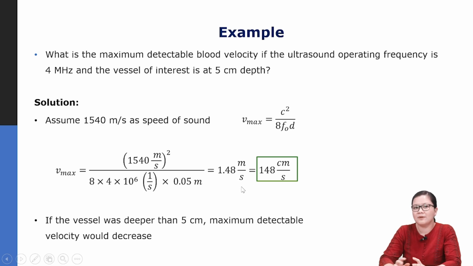Typically, when we talk about blood flow velocities in the body, it's in centimeters per second. So in this case, our maximum velocity is 148 centimeters per second. If the vessel was deeper than 5 centimeters, then the maximum detectable velocity would decrease, as you can see from this inverse relationship between the maximum velocity and the depth.